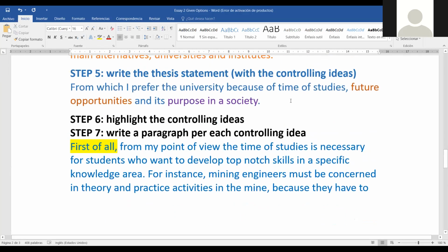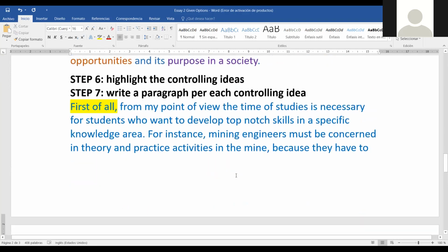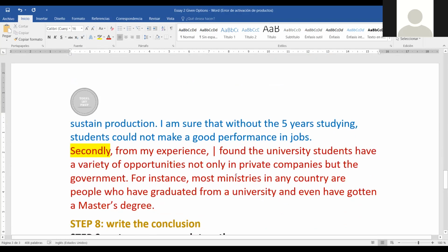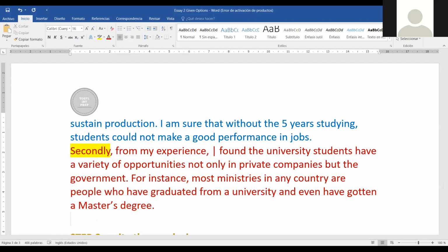The first one is, remember, time of studies. I said that 5 years in a university can give you more opportunities to do theory and practice. The second is future opportunities, that, for example, you can have opportunities in private companies, the government, and most people could also get a master's degree if you have studied in a university.